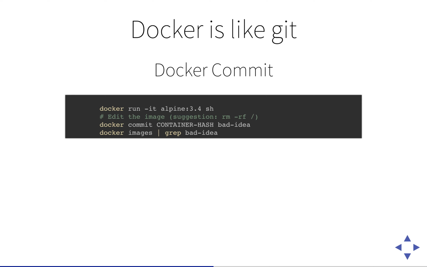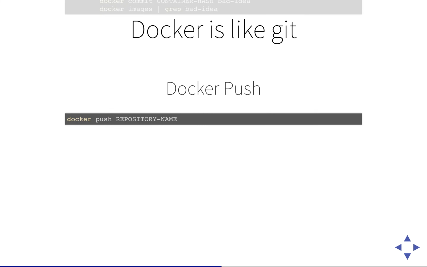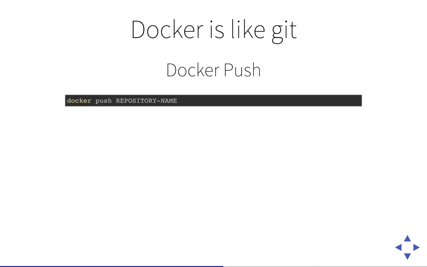You can pull the image, run steps in it manually, do whatever you want to make changes to that file system, then commit those changes, and you can push it back up with docker push your repository name, back up to the registry.